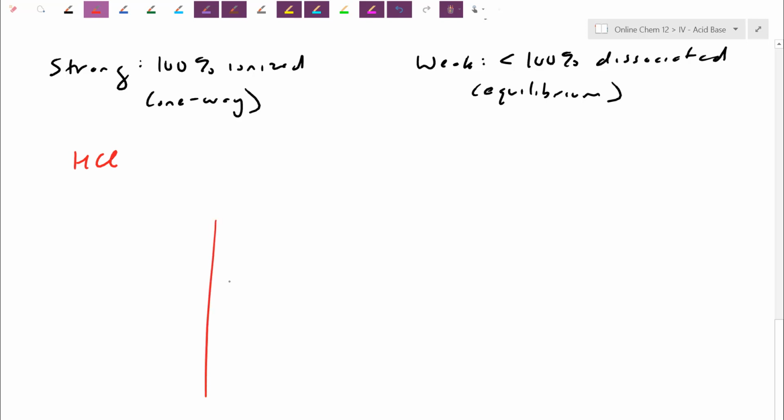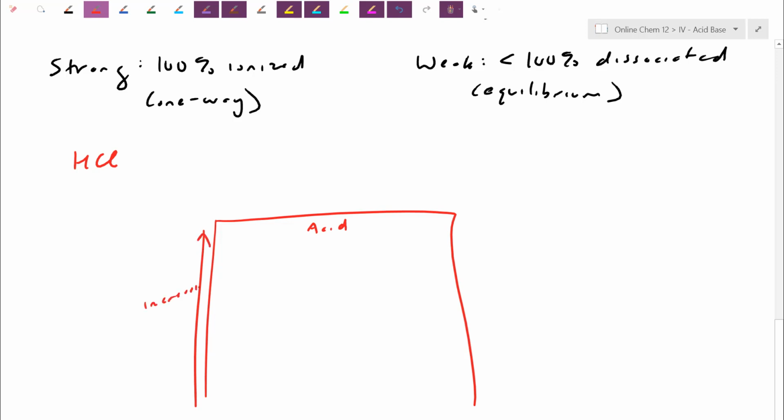Your table lists acids in the left column, with acid strength increasing as you go up the table. The very top six, so HCl, HBr, and those ones, are definitely strong acids. You see that they all have a one-way arrow, because I know HCl is strong: it completely dissociates to become H+ and Cl-.